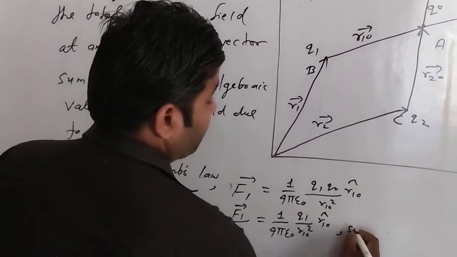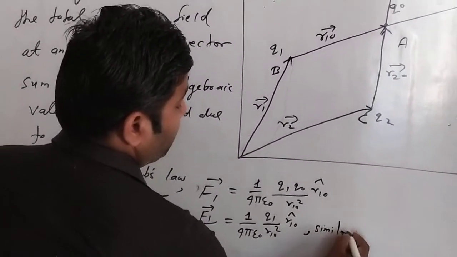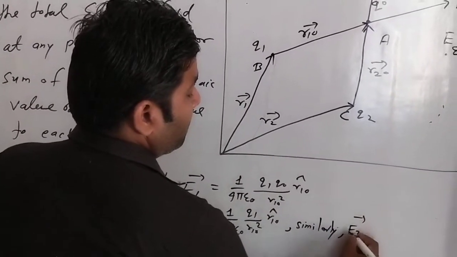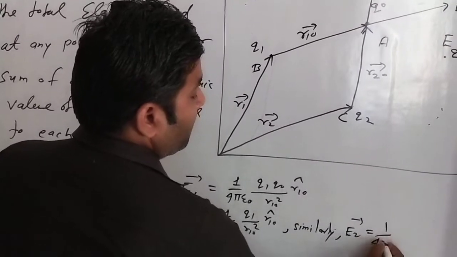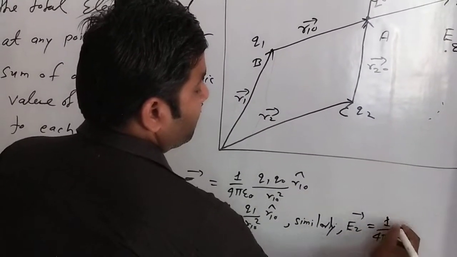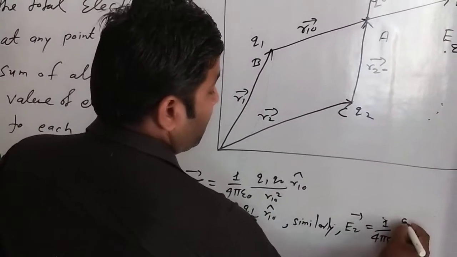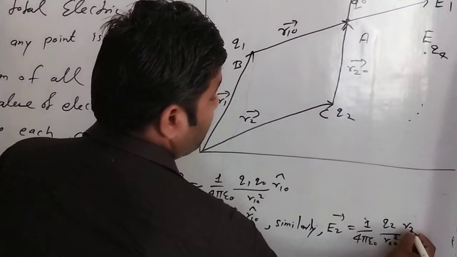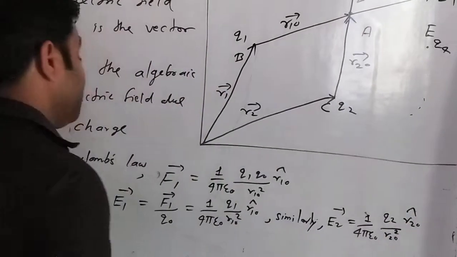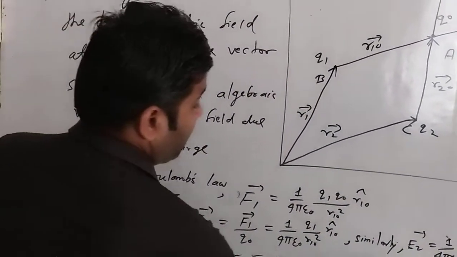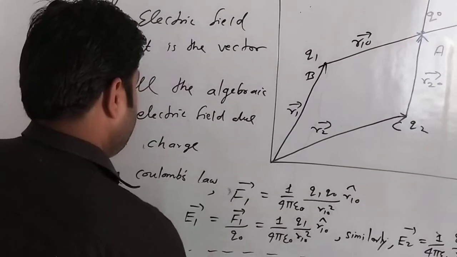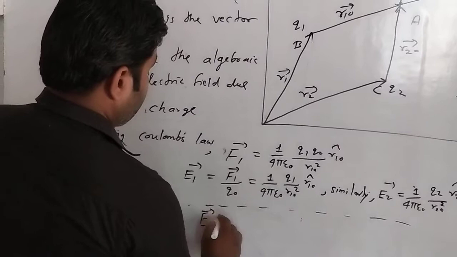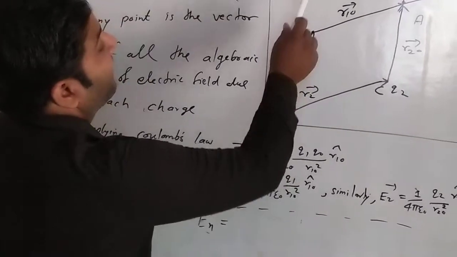Similarly, E2 is equal to 1 upon 4 pi epsilon naught, Q2 upon R2 naught square, R2 naught unit cap, and at last En is equal to, En means nth charge.